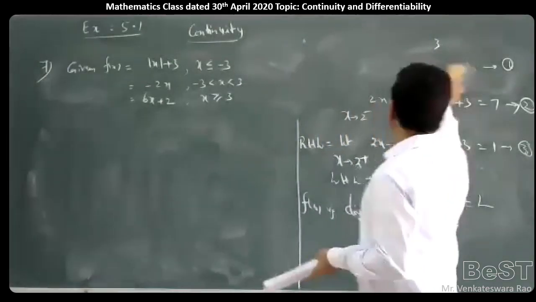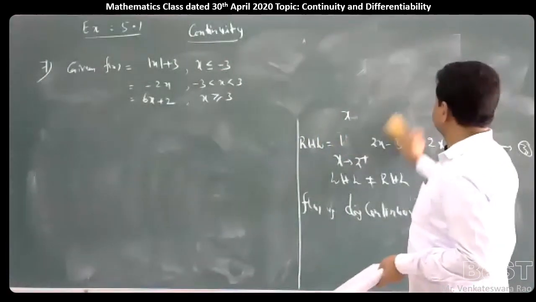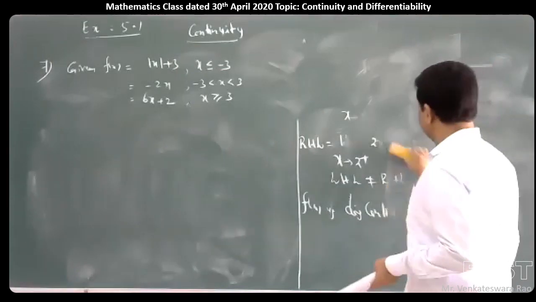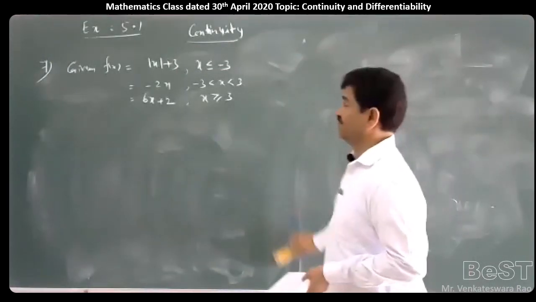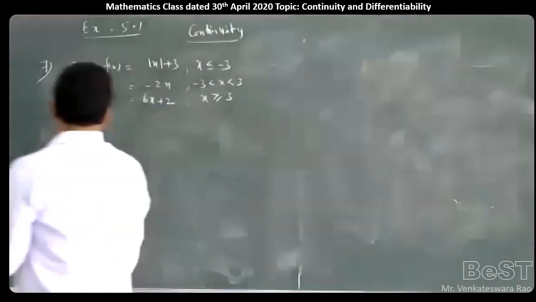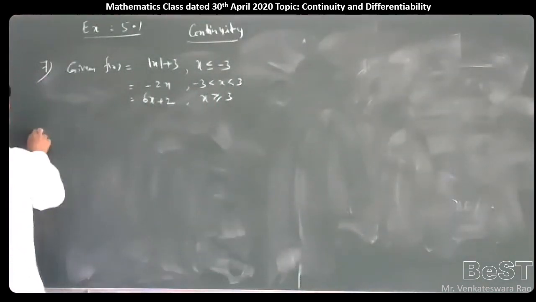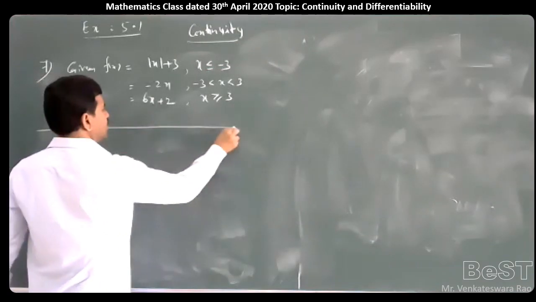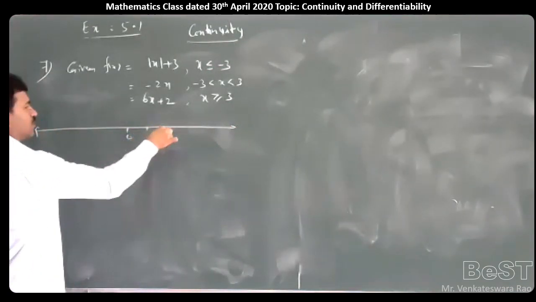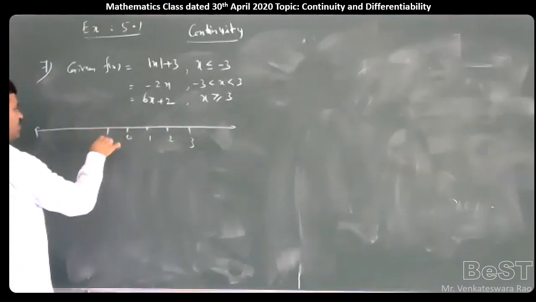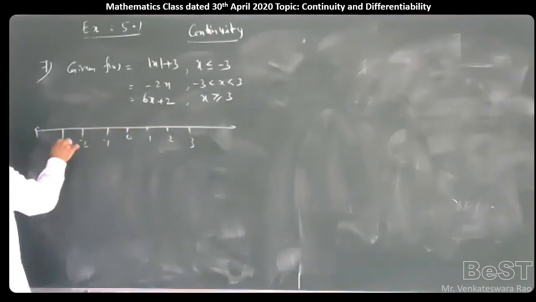First, analyze the given function. Answers are very simple, so how you understand the function is important here. On the real line: 0, 1, 2, 3, and on the left side minus 1, minus 2, minus 3.